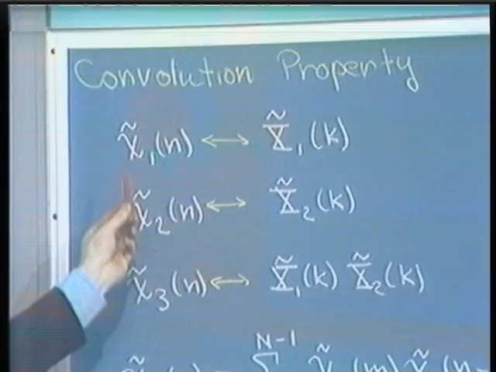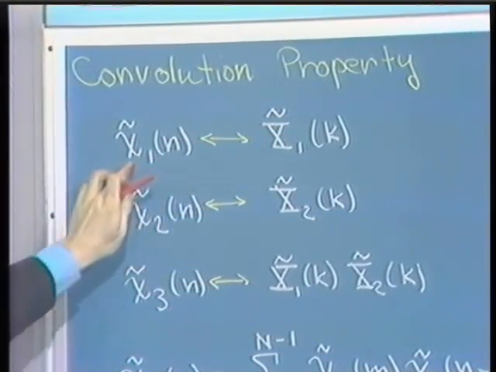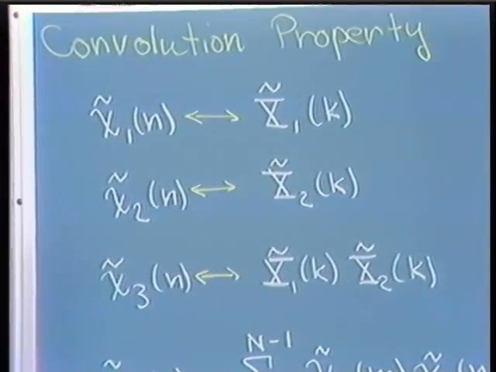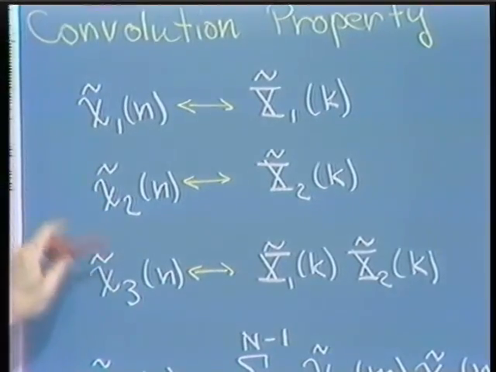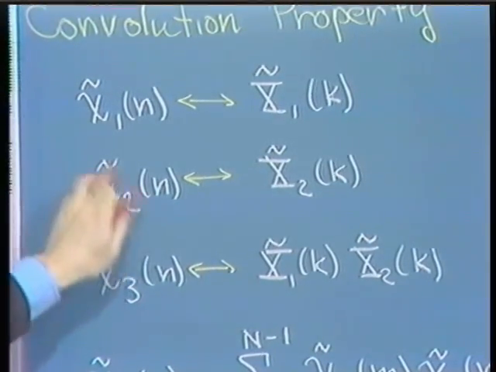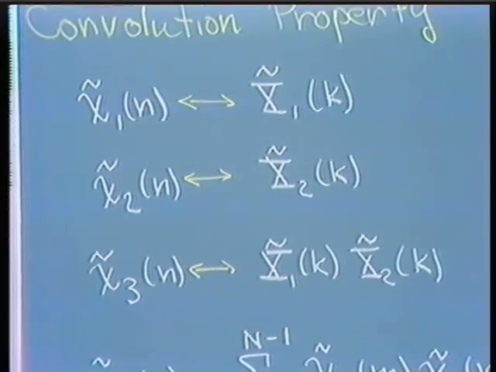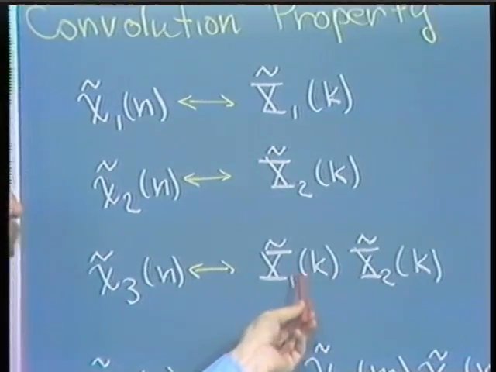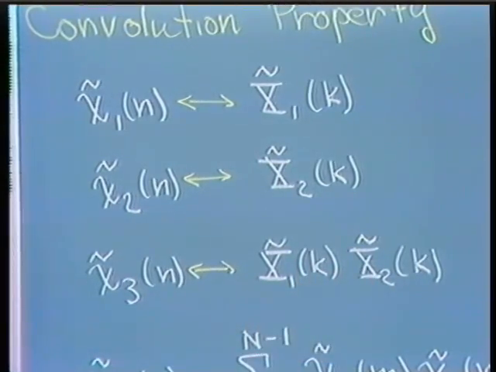In particular, we have a periodic sequence x1 tilde of n, and here are its Fourier series coefficients, and a second periodic sequence x2 tilde of n with its Fourier series coefficients. What we'd like to ask is, what is the periodic sequence x3 tilde of n whose Fourier series coefficients are the product of x1 tilde of k and x2 tilde of k?